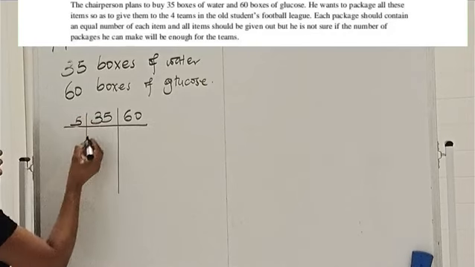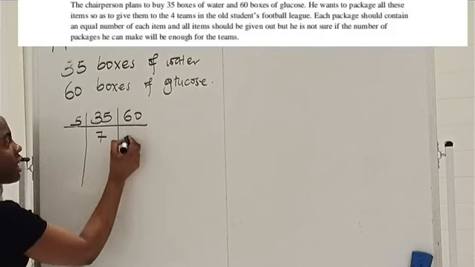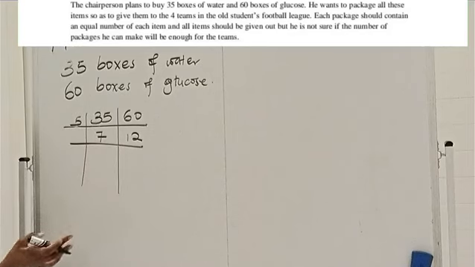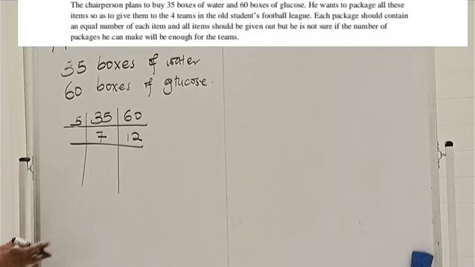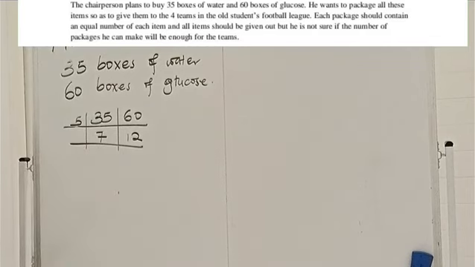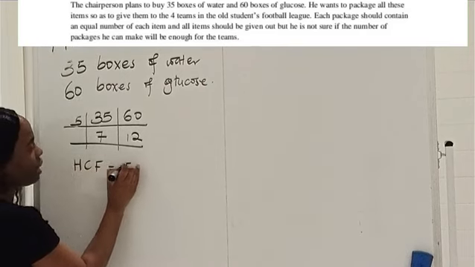By 5 here I get 7, by 5 here I get 12. Do we have any other factors that can divide these two simultaneously? No. So let us end it here because we are looking for the highest common factor. So my HCF is going to be 5.